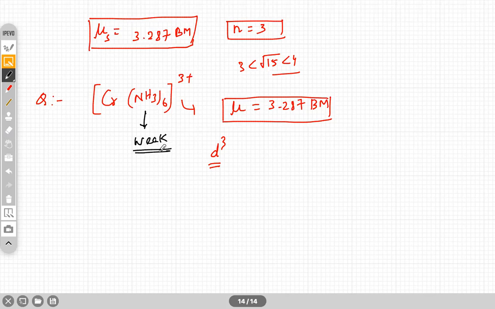So these are the few exceptions we have of VBT, drawbacks of VBT, right? The answer for this question, I'm not doing this. Answer is, it is d2sp3, low spin complex, number of unpaired electrons is 3, and it is paramagnetic. How did you get diamagnetic, Aditya? Yes, correct, Srishti.